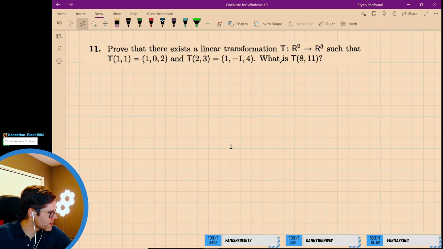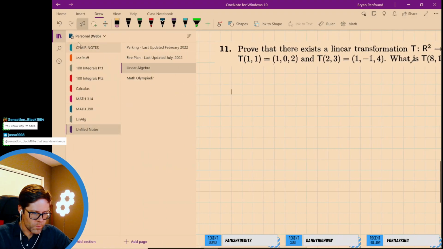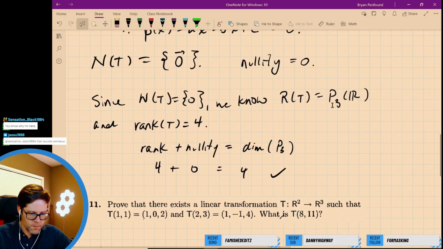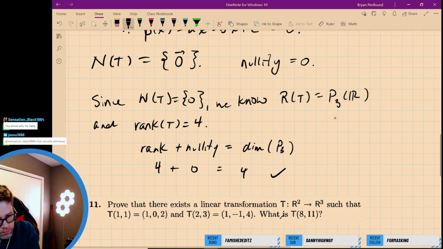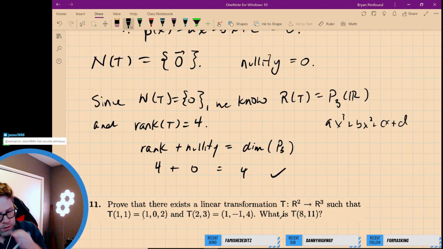Poingallis, what are we asking? So it can't be 3. Are you discussing the P3 question? So the dimension of P3 is 4, right? It's going to be ax cubed plus bx squared plus cx plus d. So it's going to have four parameters that we have to worry about.